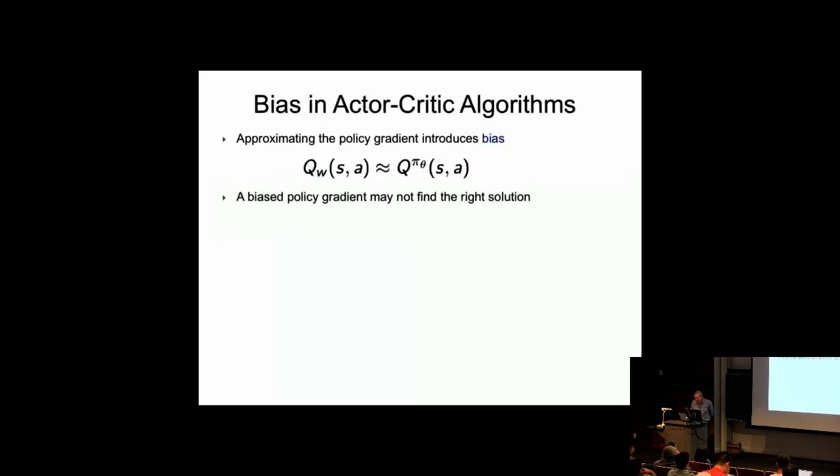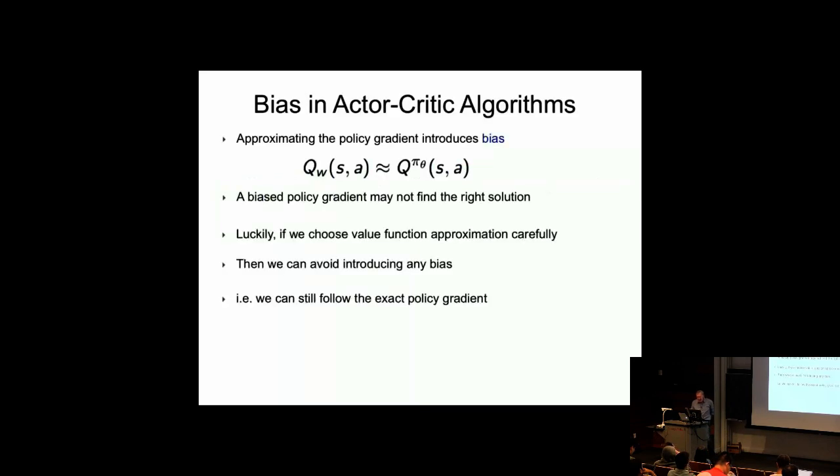And the nice thing is that there is an answer to this. Of course, in general, if we have some estimate of the Q function parameterized by w that's not right, then we can't really guarantee that this is going to converge.